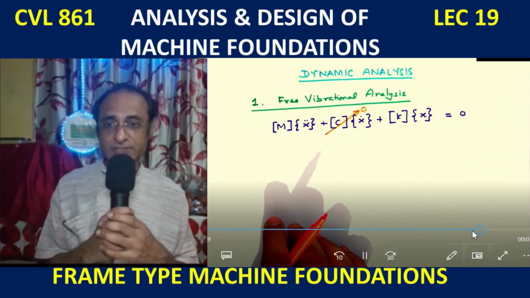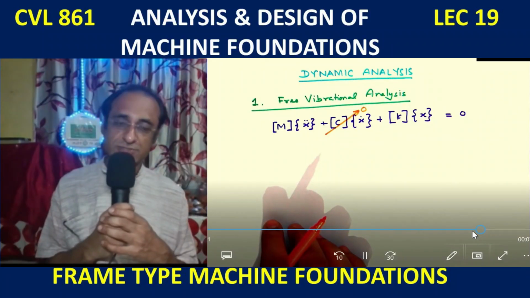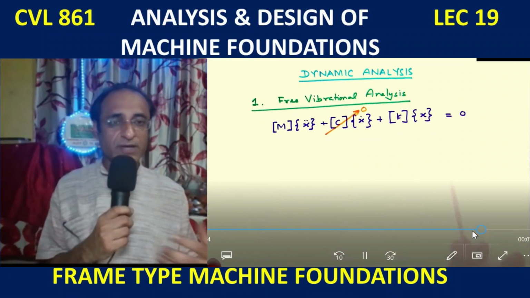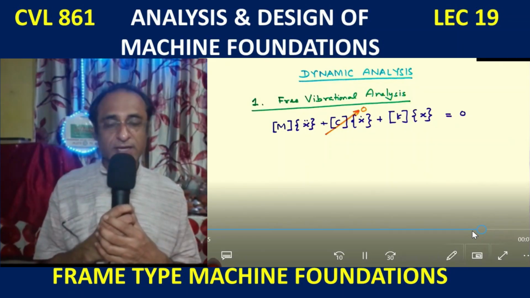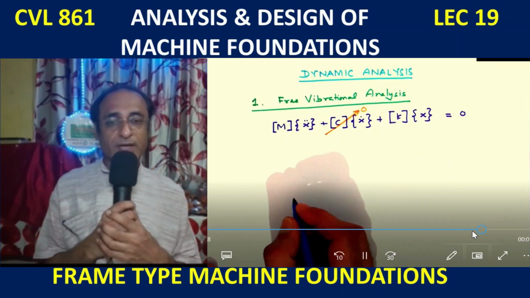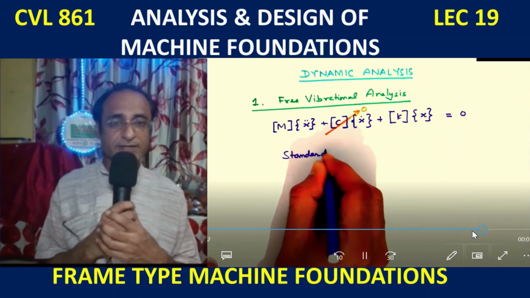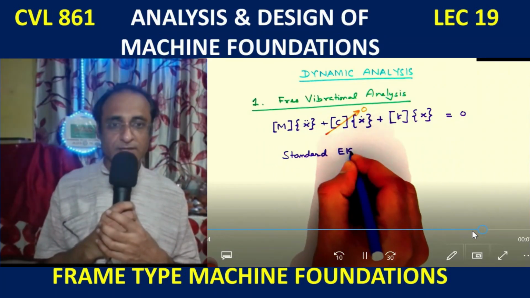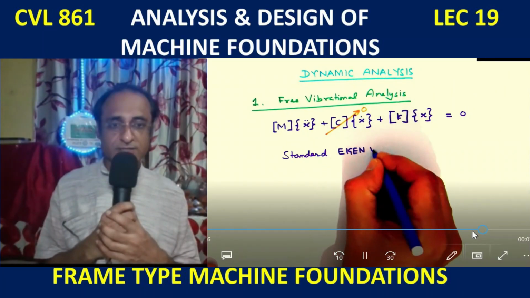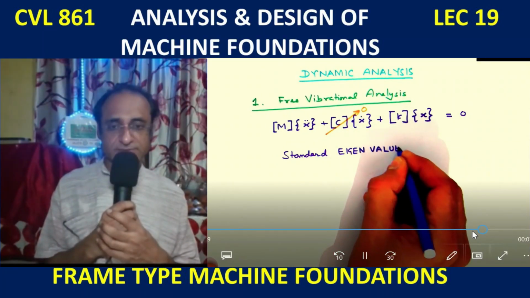All we need is the mass matrix in addition to the stiffness matrix. We need to lump the masses at various nodes, and then we solve the eigenvalue problem. We get the solution in terms of the natural frequencies and the mode shapes, because we have to do the frequency check. That's why we do this analysis.